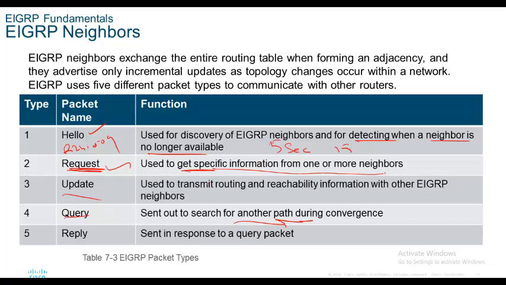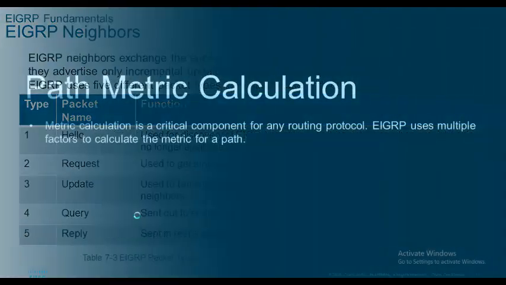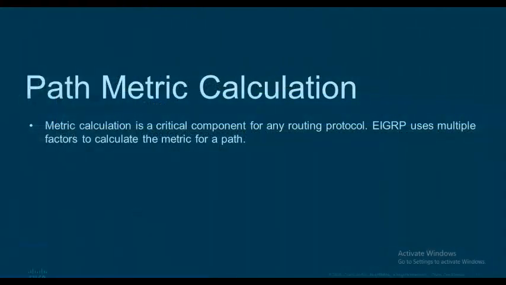Feasibility condition: advertised distance of the alternate path. Advertised distance can also be called what? Reported distance. The reported distance of the alternate path should be less than the successor route's feasible distance. If the condition is met, only then the path can be taken as a feasible successor, which is also called a backup path.